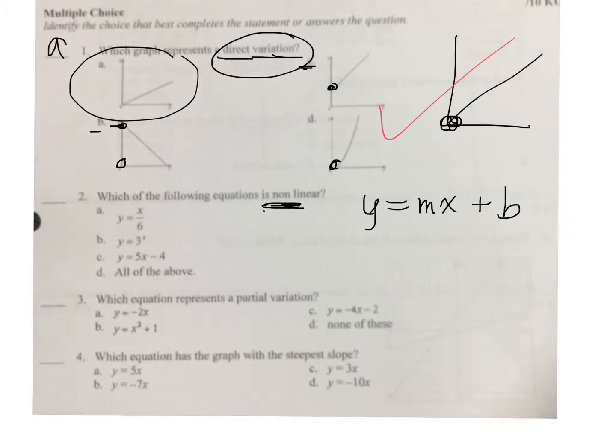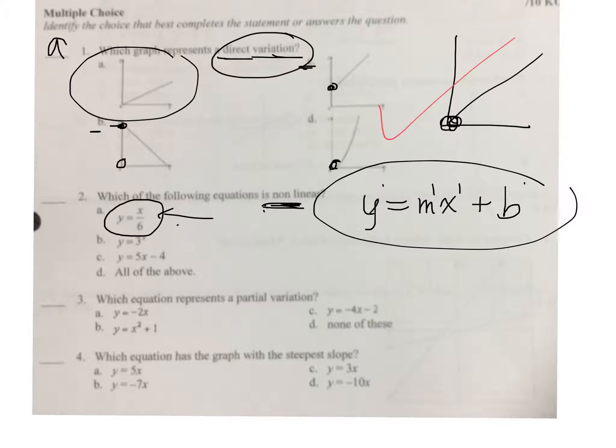Do any of these have an exponent that's not 1, like to the power of 2 or to the power of 3? In a linear relation, the highest degree, meaning the exponent, can only be a 1. Otherwise, it's not linear. So what is the exponent for A? Do you see an exponent there? No. So you imagine there's a 1. So this is linear. What about B?